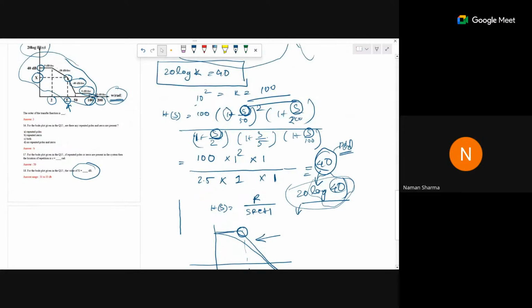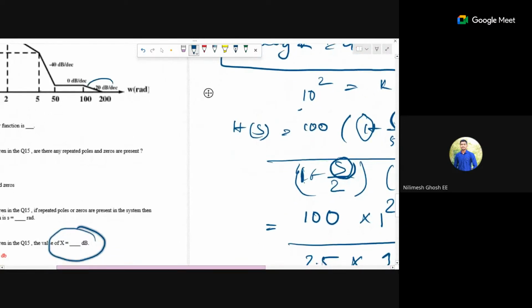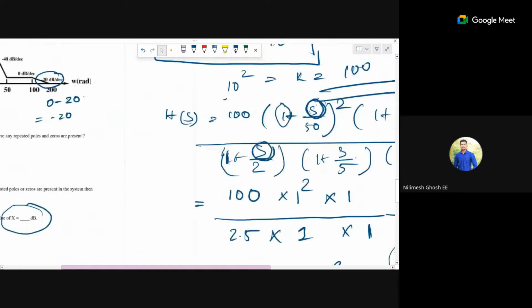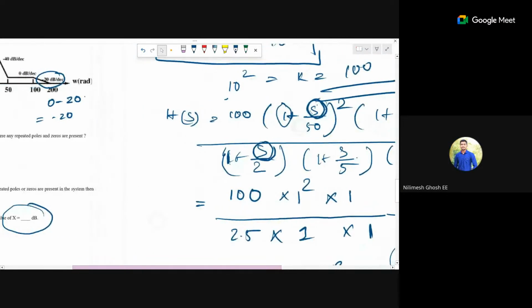What is the slope at 200? Previously it was plus 20 dB per decade. Now it is getting to 0. So 0 minus plus 20 means minus 20 dB per decade. So for minus 20 dB per decade, a pole should come or a zero should come.